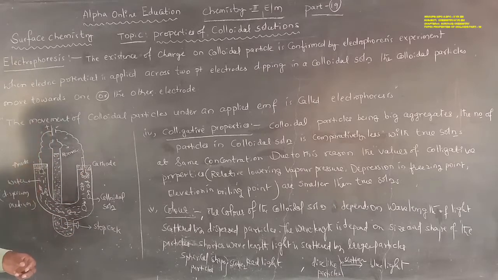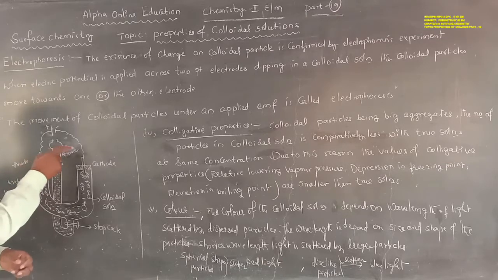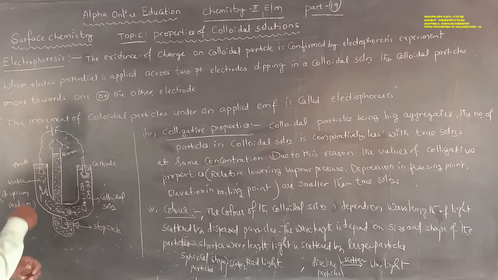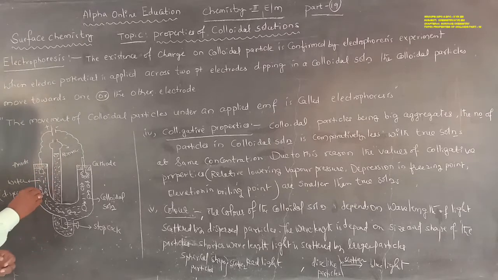When these two electrodes are connected with a battery and electricity is passed, the water is the dispersion medium, and these are the colloidal particles. This is the interface between the water and the colloidal solution. At this stage the colloidal particles are moving.